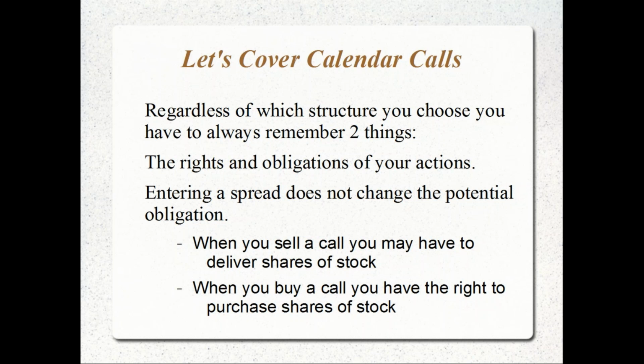We still have those rights and obligations available to us, but we have to remember that. When I sell a call, I've entered into an obligation to potentially deliver shares of stock. In this case, shares of stock I do not own. Now, when I buy a call, I have the right to purchase the shares of stock at a particular strike price. But it's important to keep those in mind. Yes, the structure of the trade is going to give us a reasonable profit and loss chart.